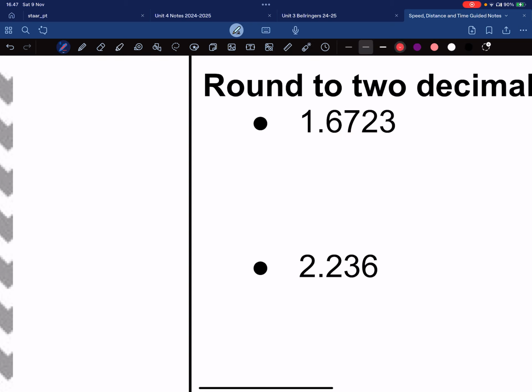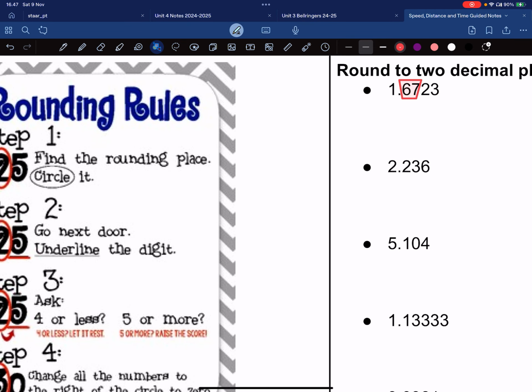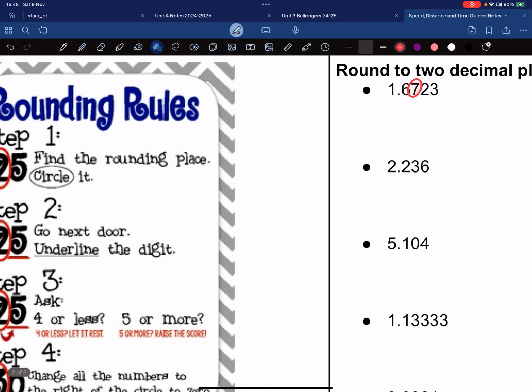So my 2 decimal places are going to be right there. Now, the rounding rules tell me find the rounding place and circle it. The rounding place is the 7. Go next door, underline the digit. They mean next door is the one behind.